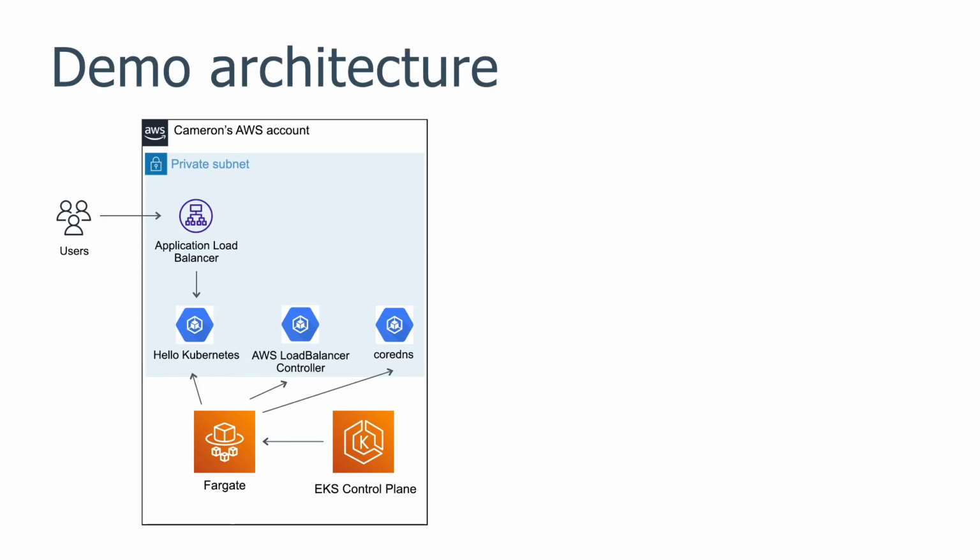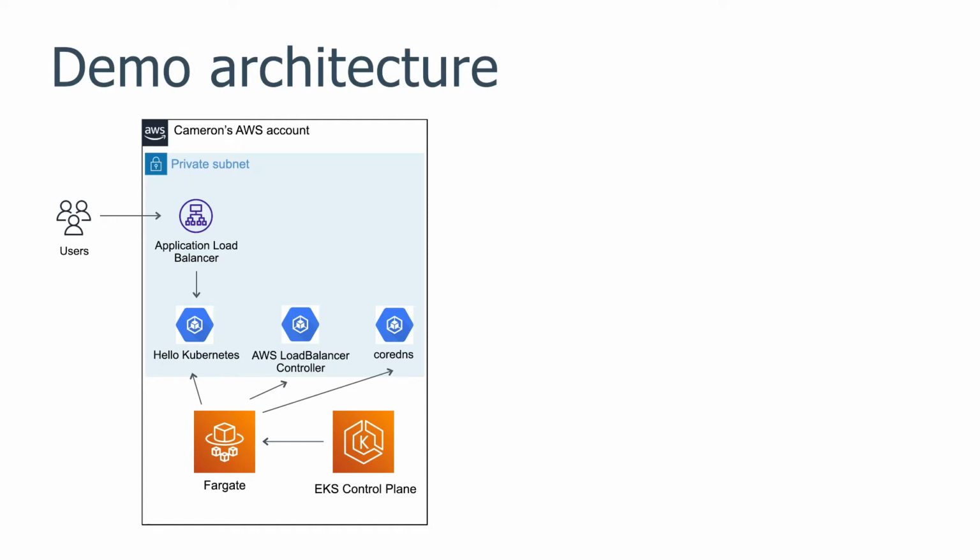With Fargate, there's a 4 vCPU and 30 GB memory per pod hard limit, and daemon sets and privileged pods are not supported. There's no support for GPUs, and pods are not scheduled immediately. You'll have to wait around a minute for a pod to be scheduled on a Fargate node.